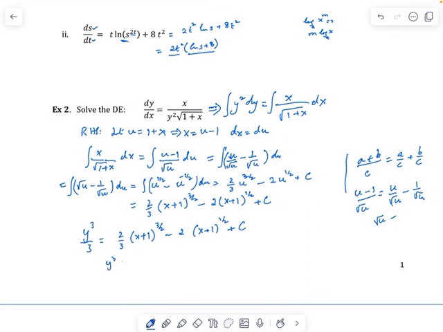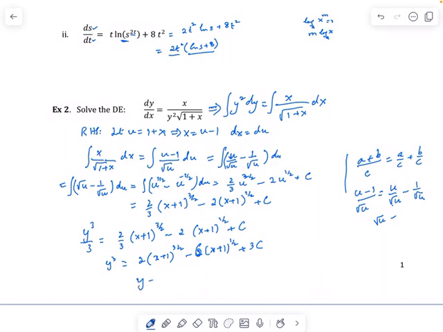So we get y cubed equals 2 times (x plus 1) to the 3/2 minus 6 times (x plus 1) to the 1/2, plus 3c. Now we take the cube root.